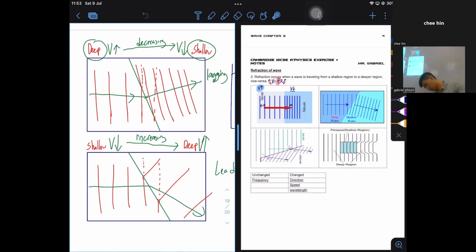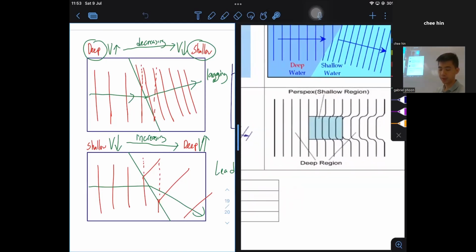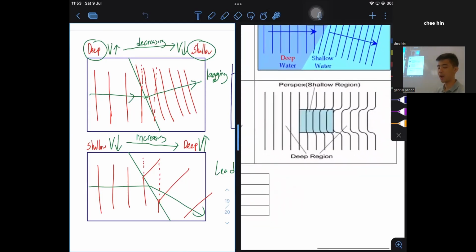Oh, the last one here. The last one here is just an FYI example only.